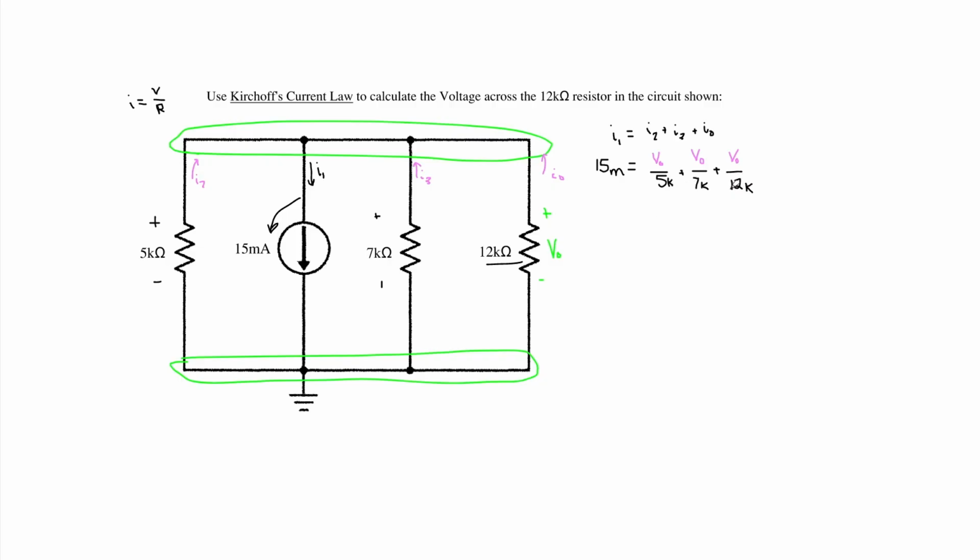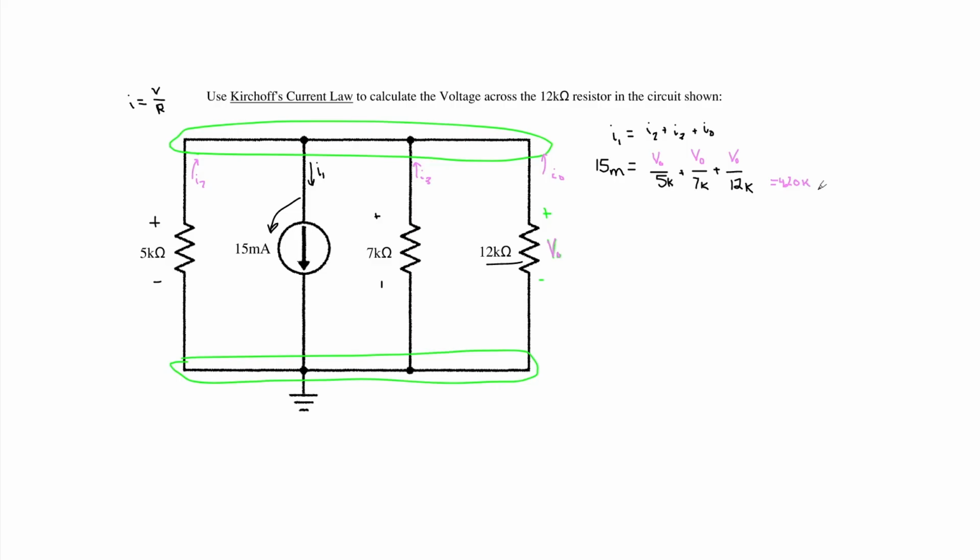Now, in order to solve for our voltage across the resistor, we need to find a common denominator and add these fractions together. Well, simply to find a common denominator is the multiplication of all three of these values, which 5K times 7K times 12K is equal to 420 kilo ohms.